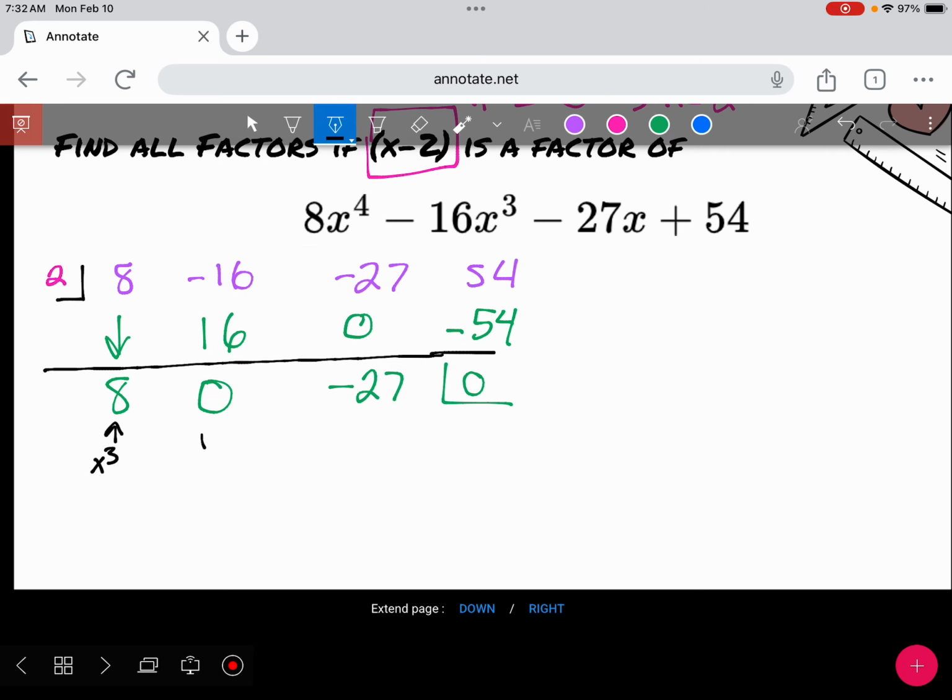But when I give out all my pieces, this guy gets my x squared, this guy gets my x, this should be just a number, and I don't have a spot for the remainder. I'm missing a piece. It's always supposed to count down. So yes, it came out as a 0, but I don't have enough pieces here. I'm missing a coefficient. Most times when that happens, this remainder would still be a number. So we have the right values, but we're missing a piece because I don't have the right number of spaces.